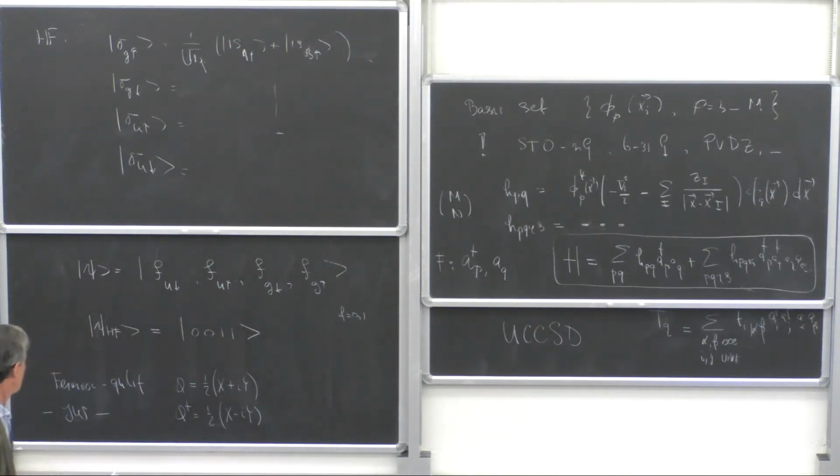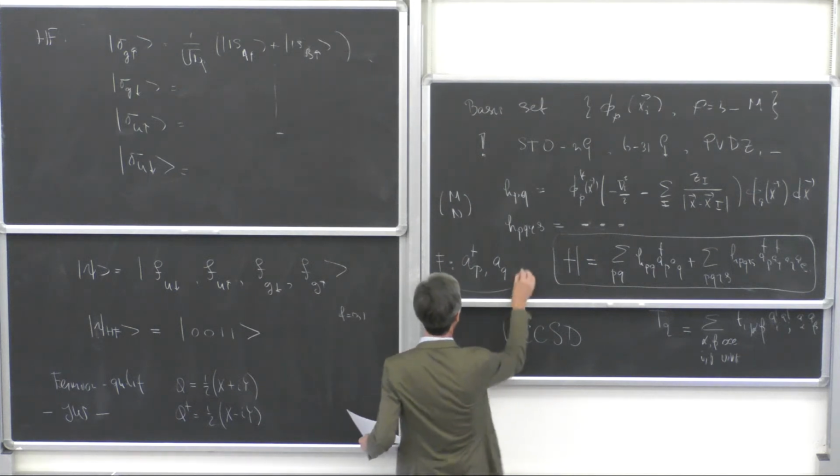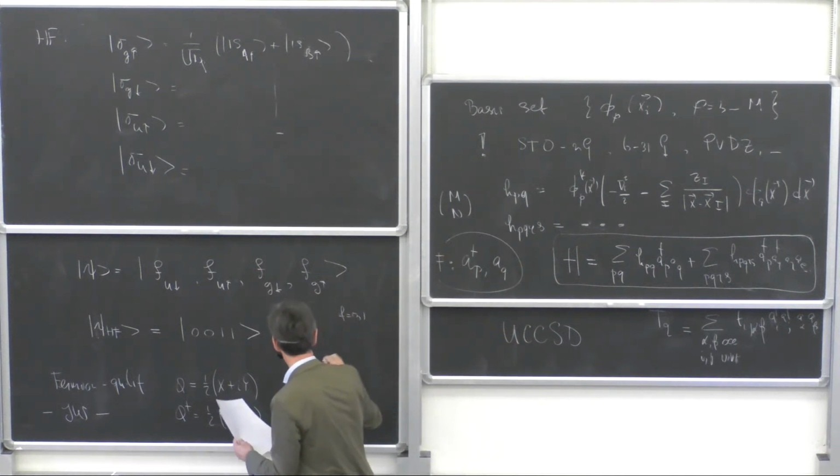So these are qubit operators, and then you can make a translation from electron operators, these A's, the fermion operators, to qubit operators by saying the following. So here's a little table for doing that.